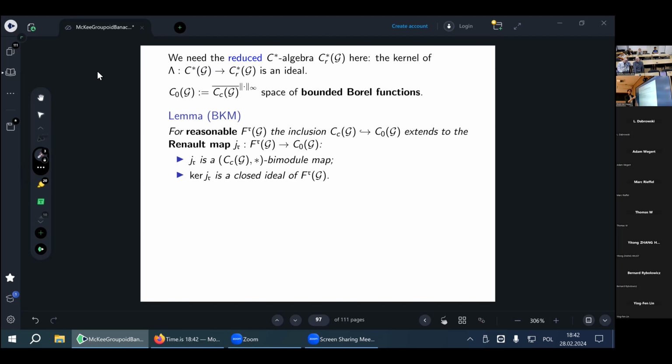What we did was we defined what it means for a groupoid Banach algebra to be reasonable. I'm not going to give that definition as I don't have time. But for reasonable groupoid Banach algebras, this inclusion of Cc into C0 extends to this map that was first considered by Renault, which goes from the groupoid algebra to C0 functions. This is a bounded linear map.